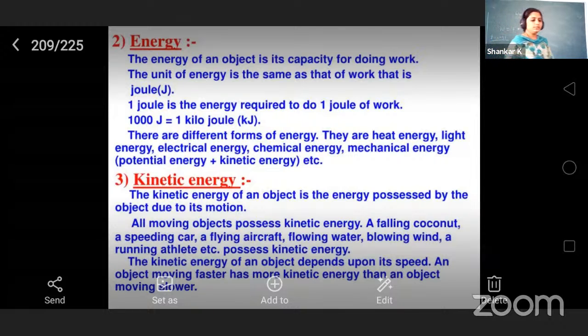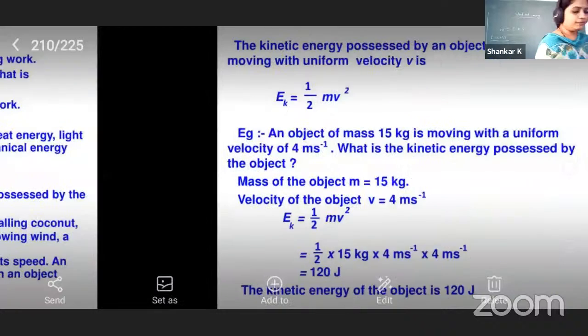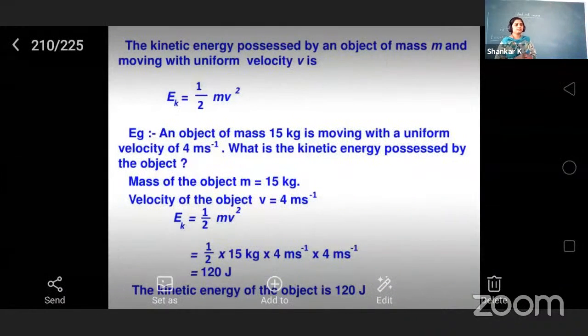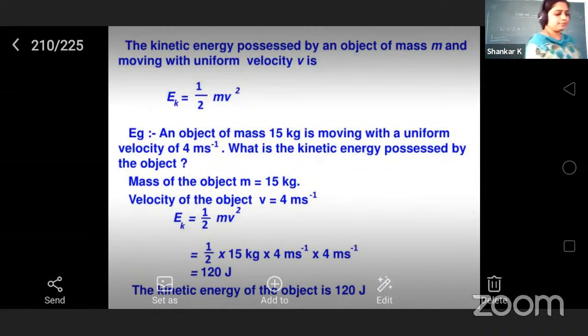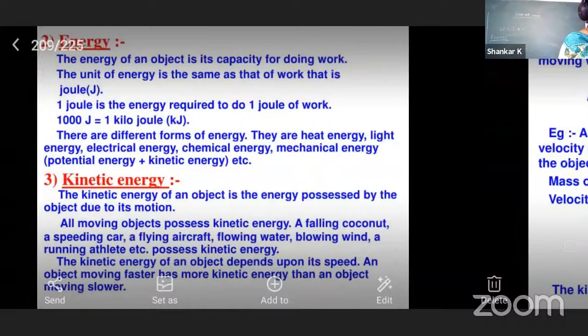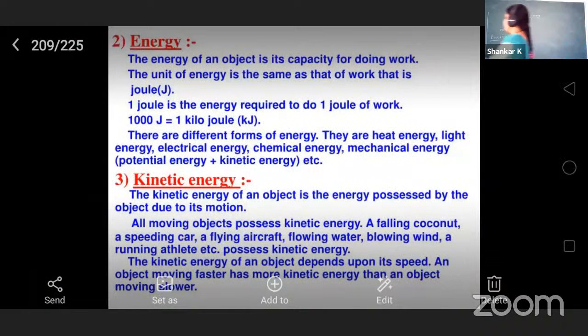Here, kinetic energy we solve with a formula. What is the formula of kinetic energy?